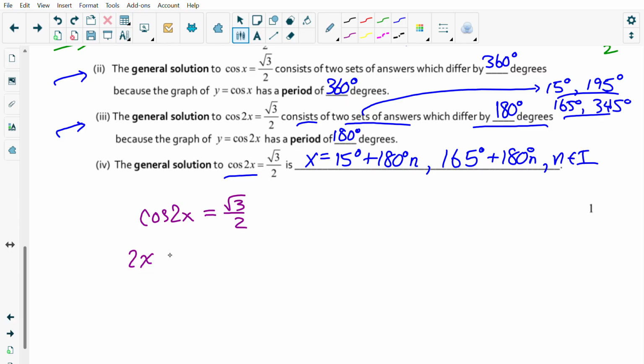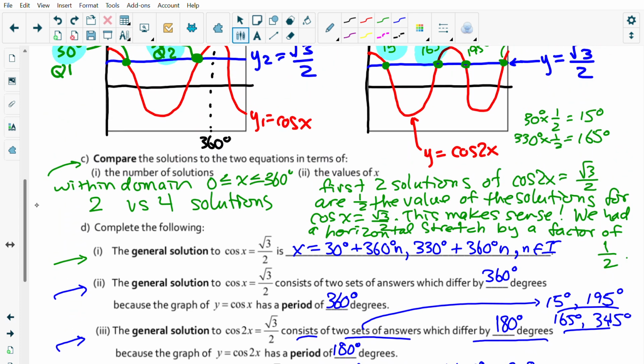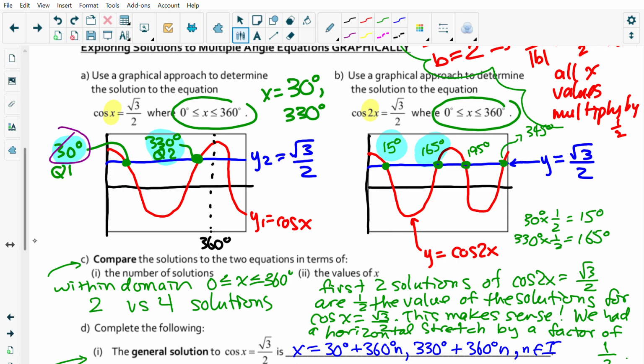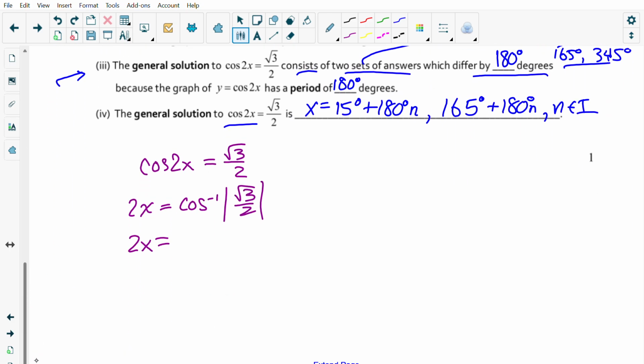So stick with me here. 2x equals the inverse cosine of the square root of 3 over 2. Well, what's the inverse cosine of square root of 3 over 2? Well, go back up here. That's 30 degrees, right? This part, 30 degrees.